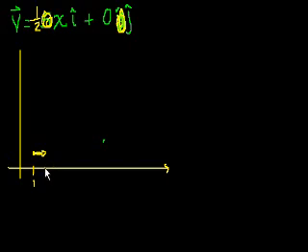And when x is equal to 2, I could have picked any points, but I'm just picking numbers that are easy to calculate. When x is equal to 2, what is the magnitude of the vector? It's 1/2 times 2, which is 1. So it's going to be twice as big. And remember, if I have a particle right here in my fluid, its velocity in the x direction is going to be 1 meter per second to the right.